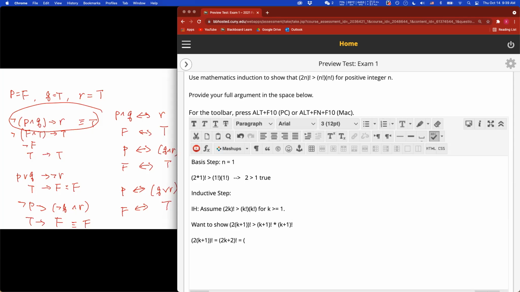So you write it as 2k factorial times 2k plus 1 and 2k plus 2. So that will give you 2k plus 2 factorial. And you want to show this is greater than k plus 1 factorial times k plus 1 factorial.